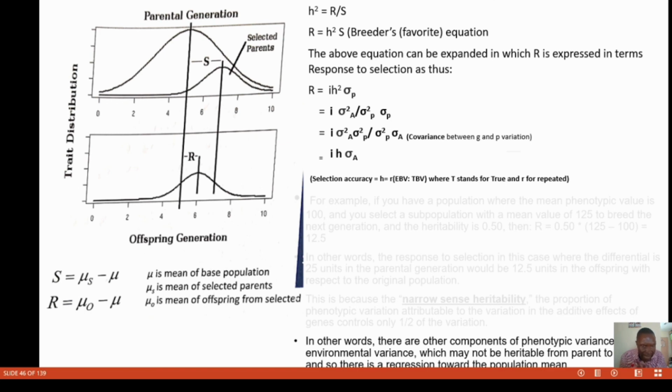And so there is a regression toward the population mean. And that ends the discussion on this lesson 7A.